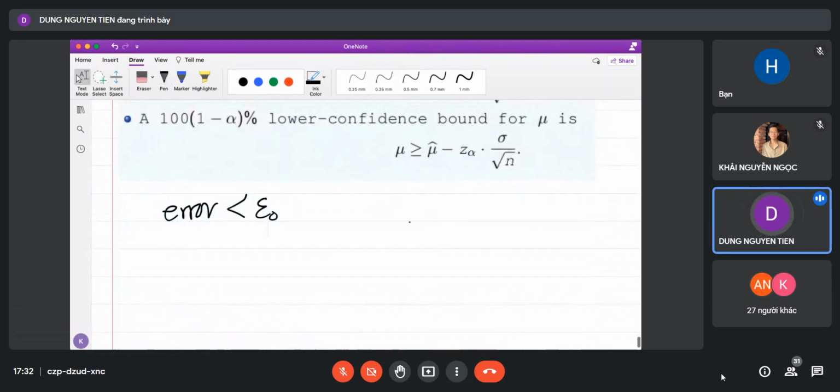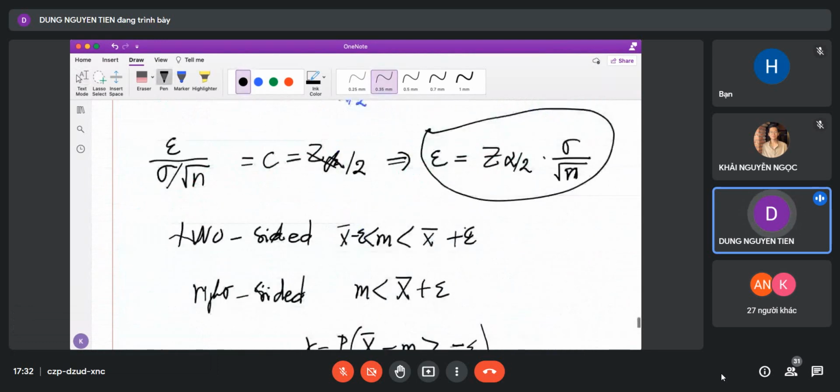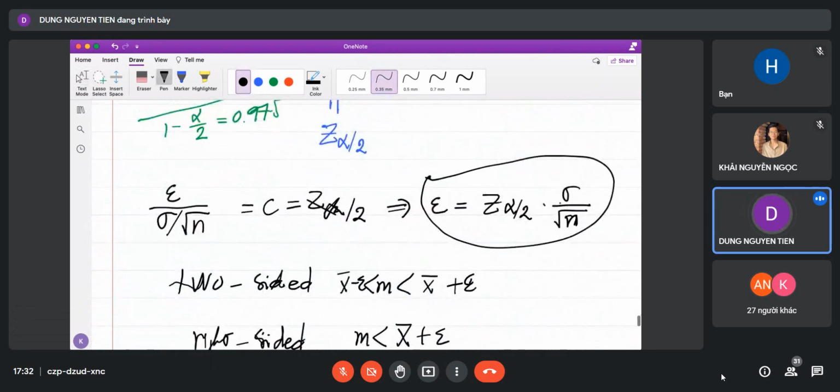You want to guarantee that the error is small. If you look at the error, it is z alpha over 2 times sigma over the square root of n. Sigma is the population standard deviation, which is a fixed constant. The z alpha over 2 value can be determined by the confidence level, so if the confidence level is fixed, then z is fixed. The only thing you can change in this expression is n.